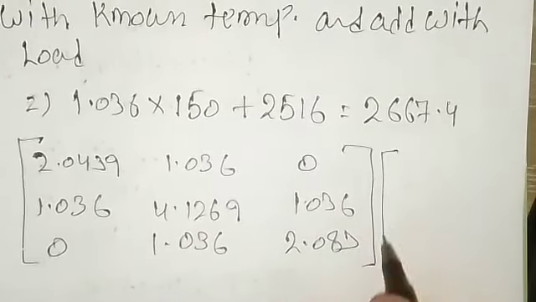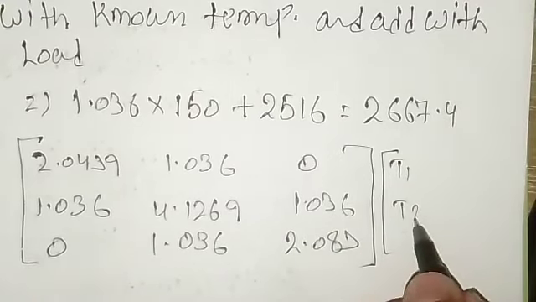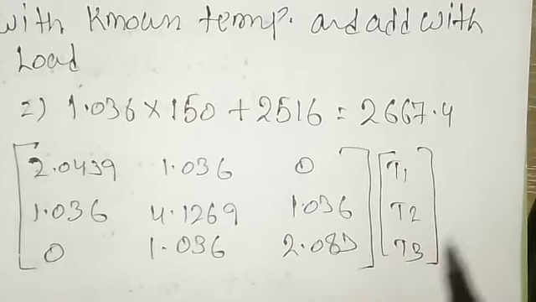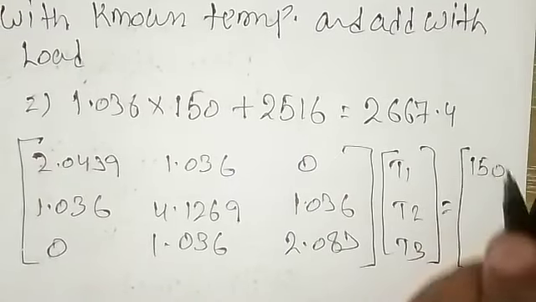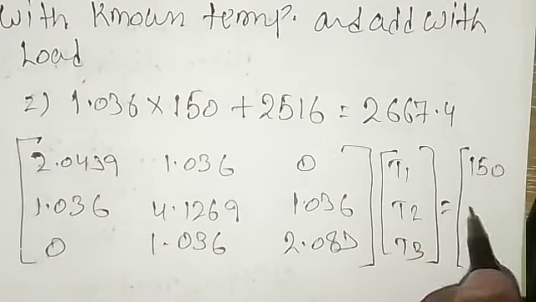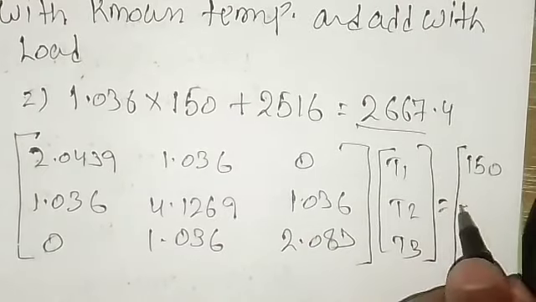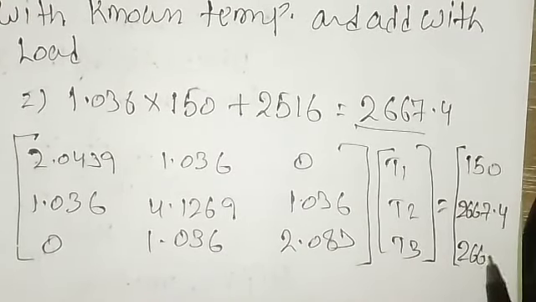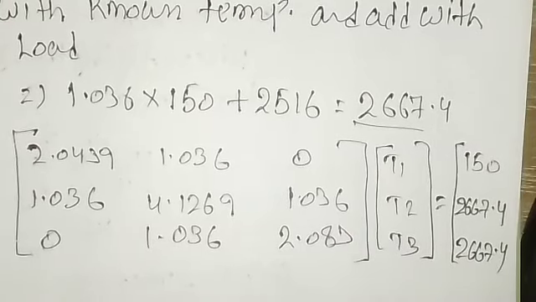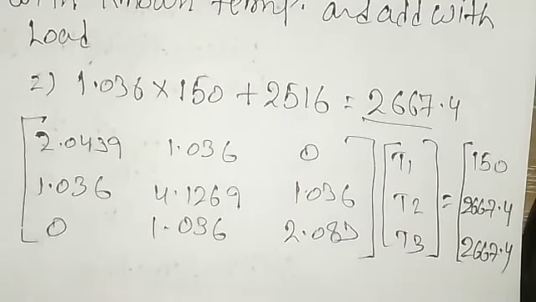And the temperatures are T1, T2 and T3. This equation becomes like this, that is 150, right? And these loads are modified by this value, that is 2667.4 and 2667.4, right?